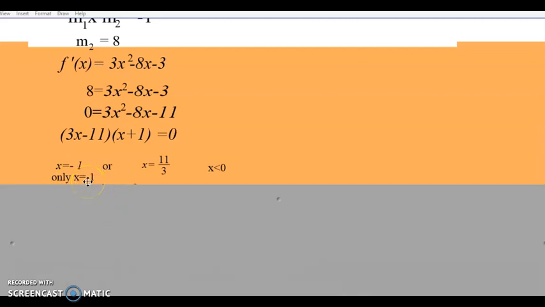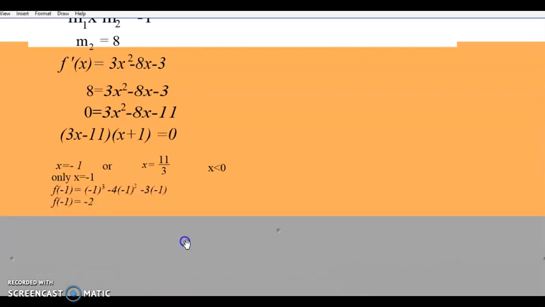So I've got my x value. I substitute into the original function, and I find that f of negative 1 is negative 2. At this point, I have my x value, I have my y value, I have my gradient, which is 8.